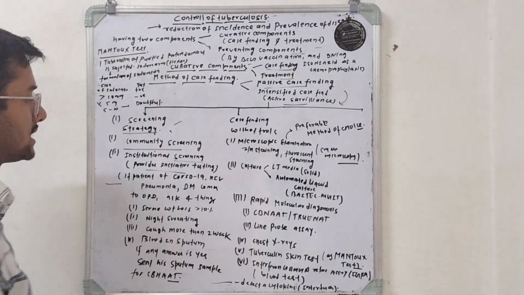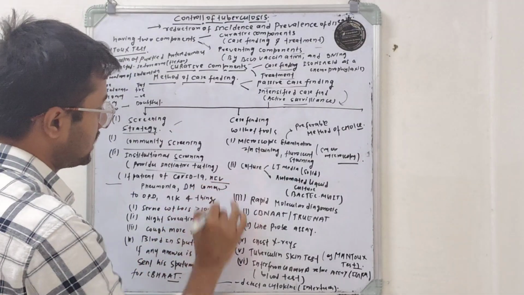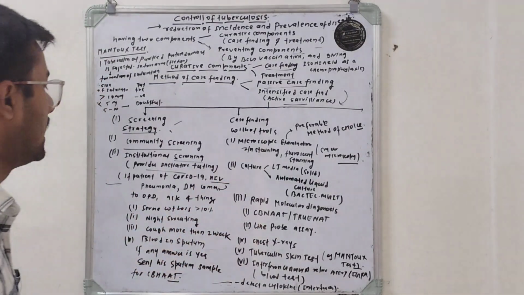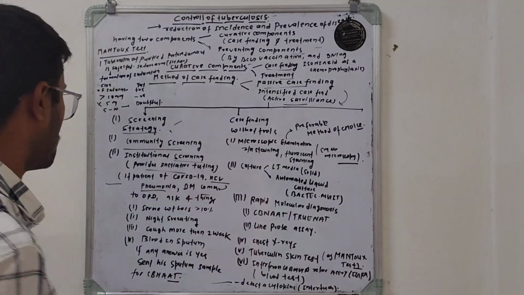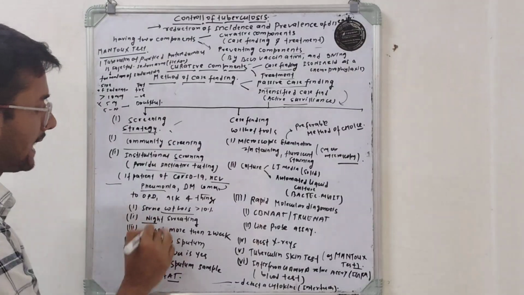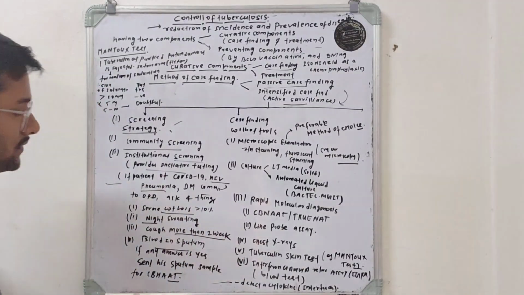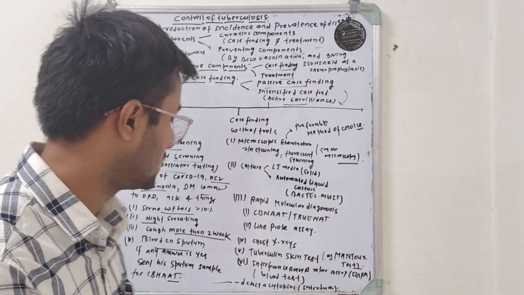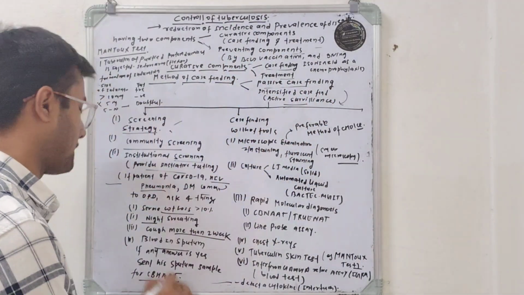In provider initiative testing, the clinician asks any patient who visits the clinic with pneumonia, diabetes mellitus, or corona about the following: severe weight loss of more than 10%, night sweating, cough for more than 2 weeks, blood in the sputum. If the answer to any question is yes, then send the sputum sample for CB-NAT.